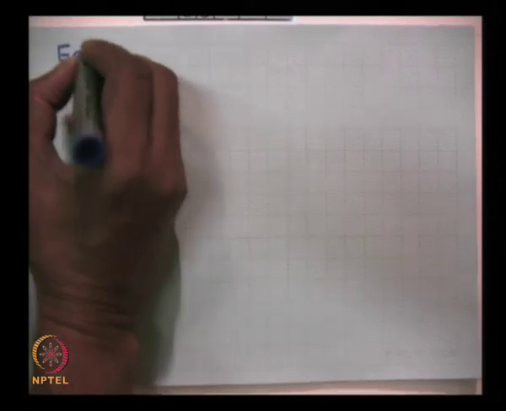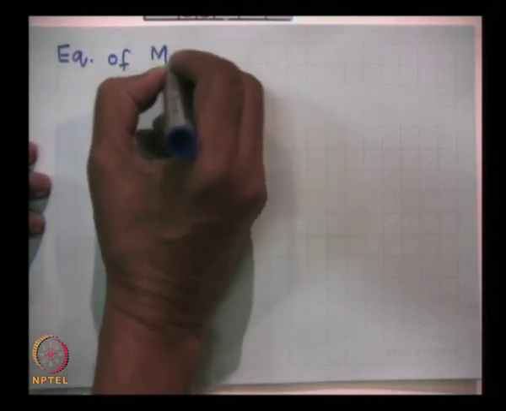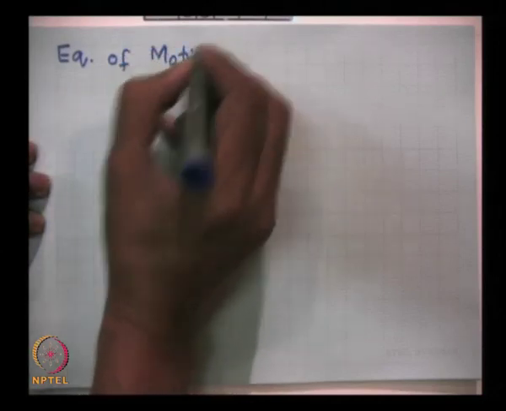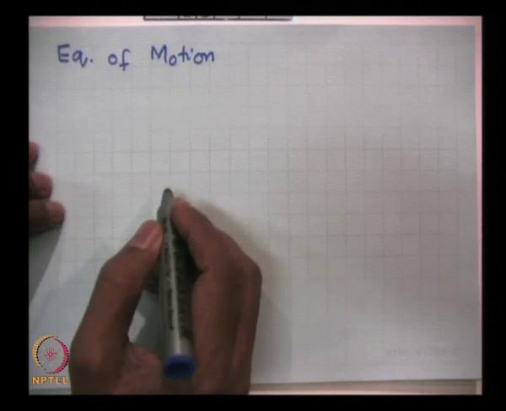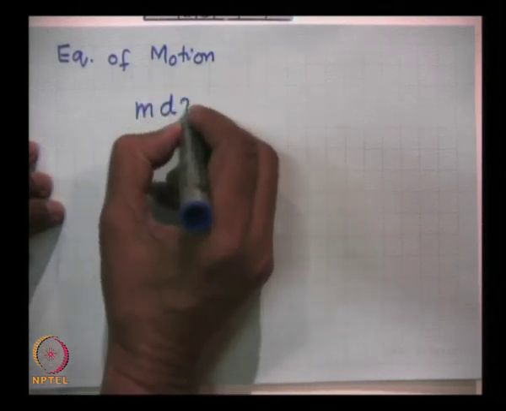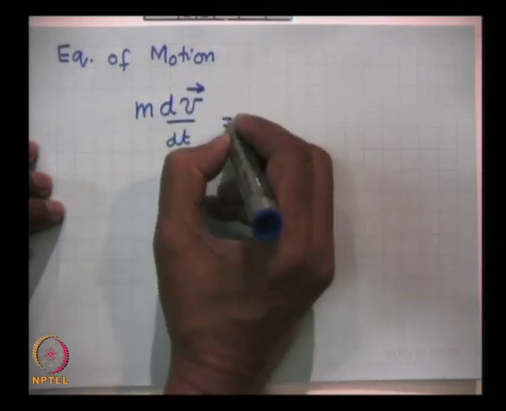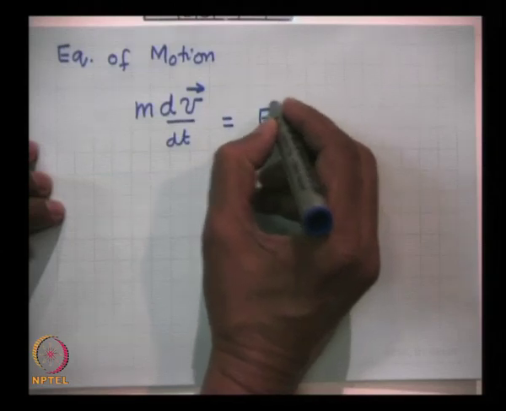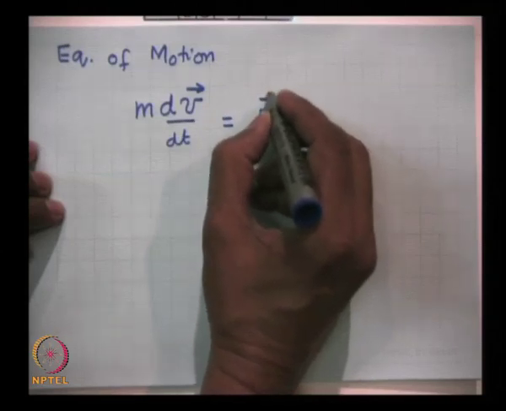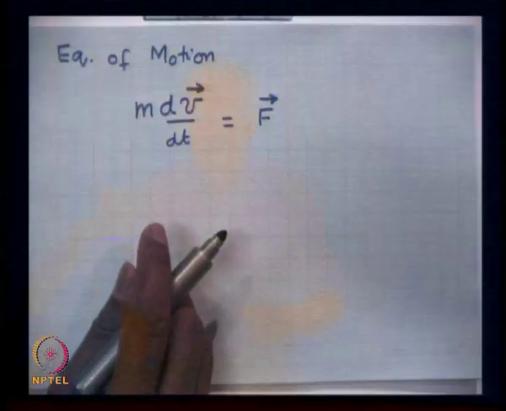Equation of motion. For instance, I will write the equation of motion for electrons, which says that rate of change of momentum m dV by dt is equal to the applied force or force experienced by the particle. Now, the force can be of many kinds.